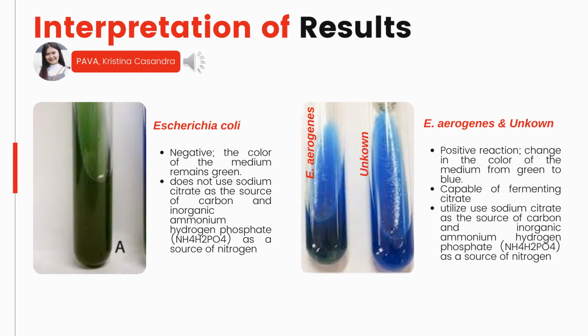On the other hand, Enterobacter aerogenes and the unknown bacterium yield a positive reaction, in which we can see that there is a change in the color of the medium from green to blue. It is capable of fermenting citrate, and it utilizes sodium citrate as a source of carbon and inorganic ammonium hydrogen phosphate as its source of nitrogen.